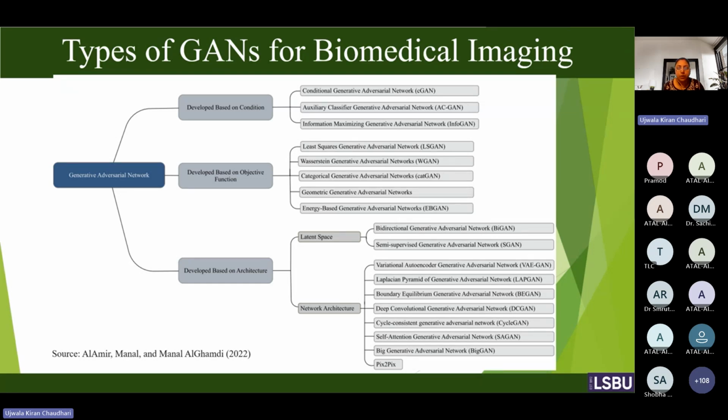So depending on what function you use, there are different categories of GAN developed by different researchers.